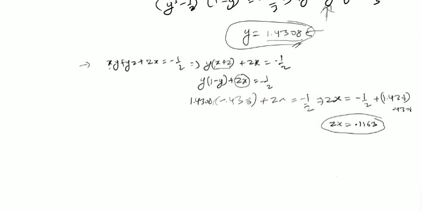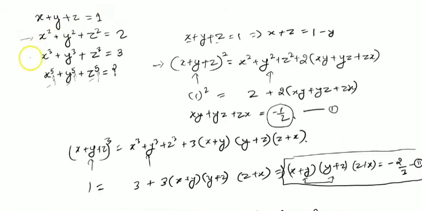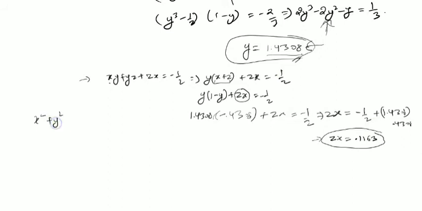So now that you've calculated that zx equals this value, and we want x to the power 5 plus y to the power 5 plus z to the power 5, let's just multiply these two equations in a way that eliminates the value of x square plus y square plus z square equals 2, because y squared is near about 2.0, and that's why x square plus z square equals minus 0.0437.